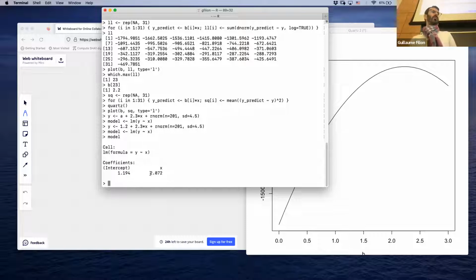So those are my estimates, and that's quite useful to have. When I type just model, I get that, but model has many more interesting things inside. Typing model just displays some of the features in the model. If I want to see the internal structure of something in R, I use str.